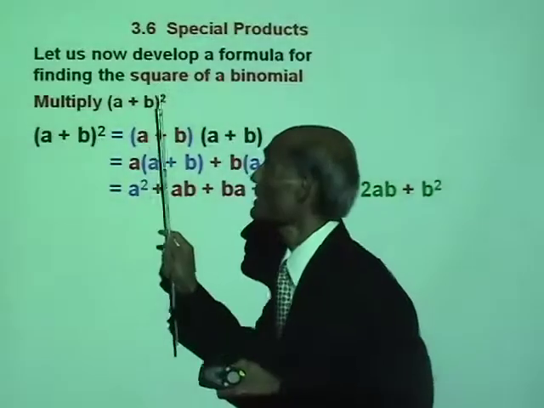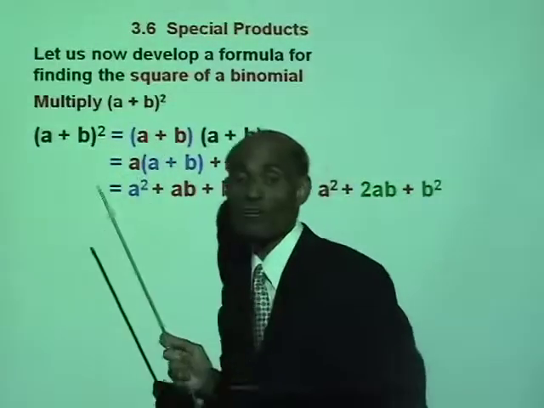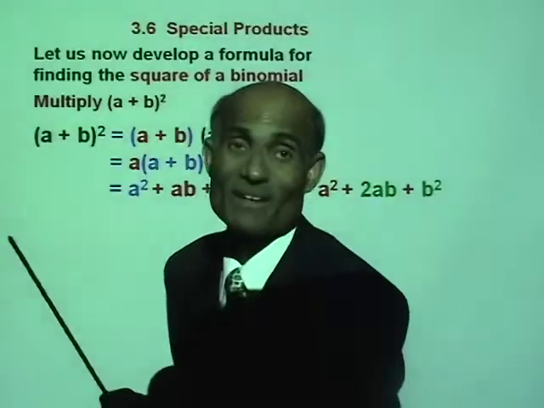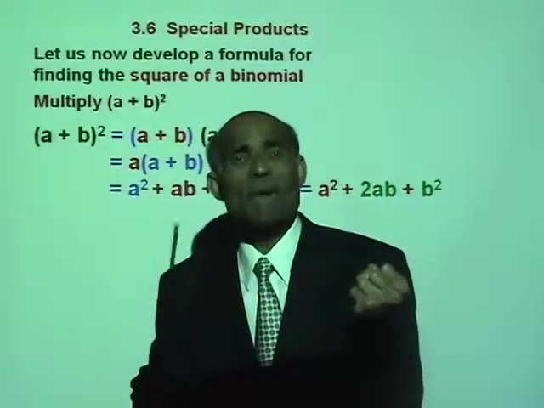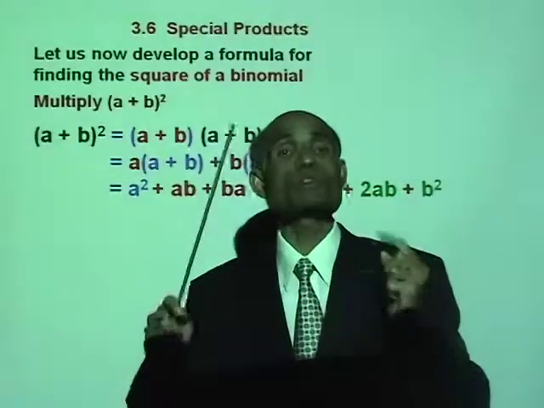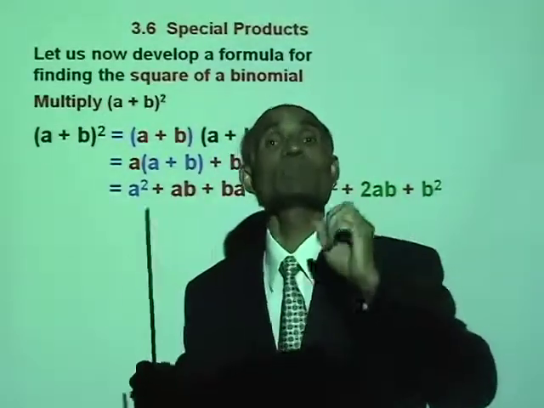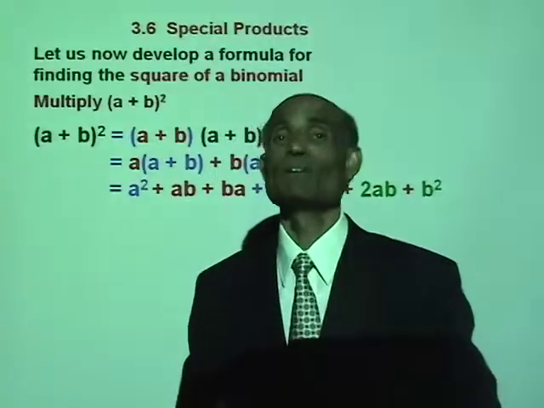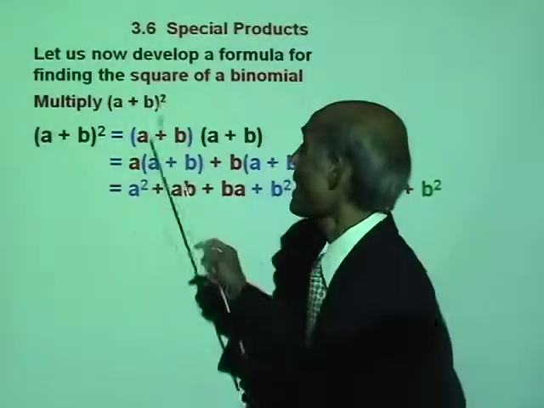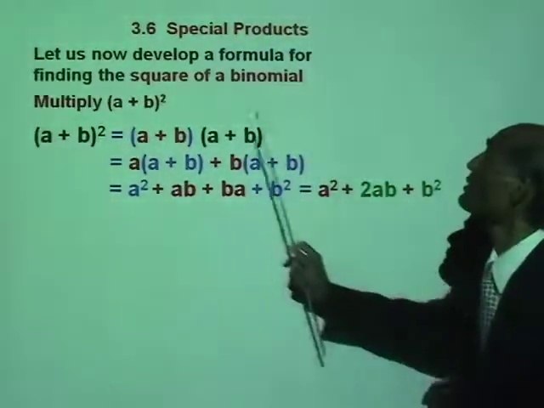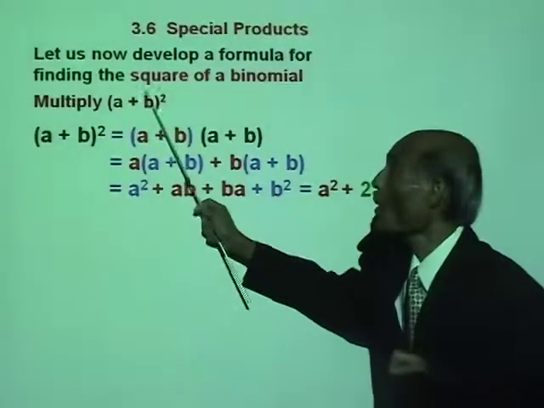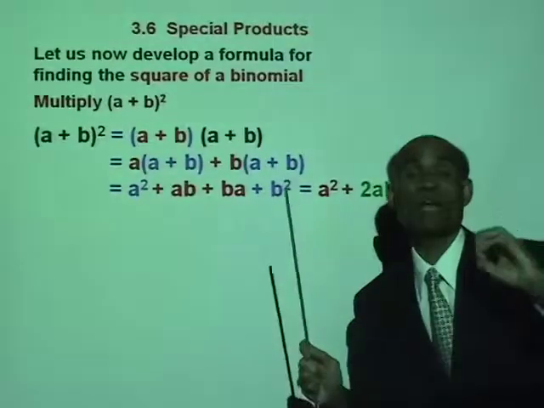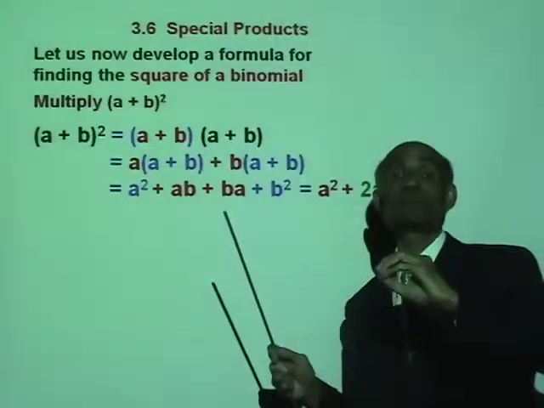Now I know very often students tell me a plus b all squared is a squared plus b squared. No. How many terms are there in the expansion of this? A plus b all squared means a plus b times a plus b.